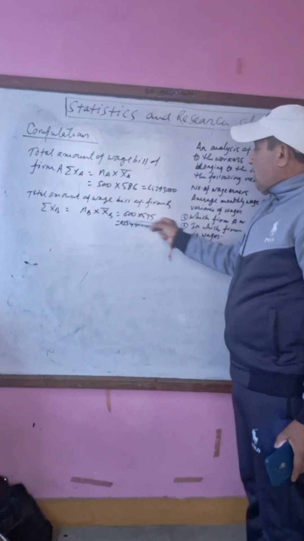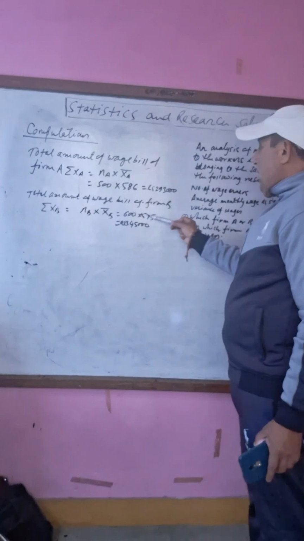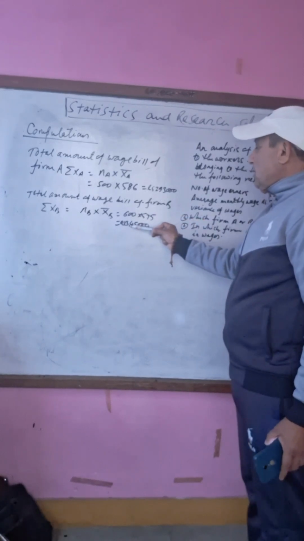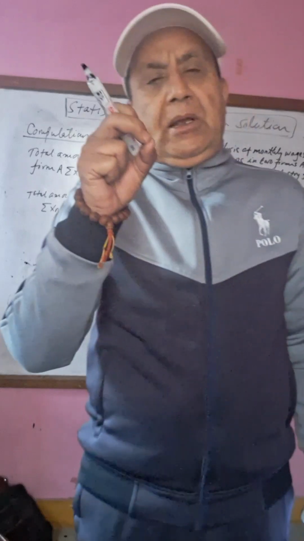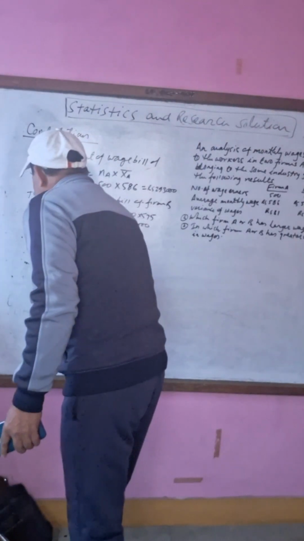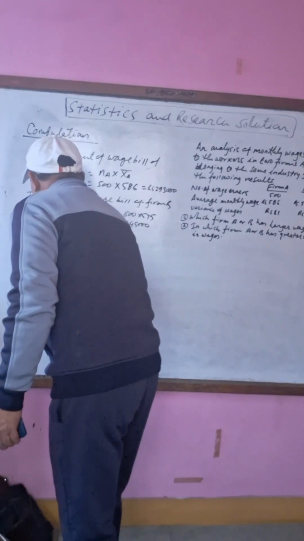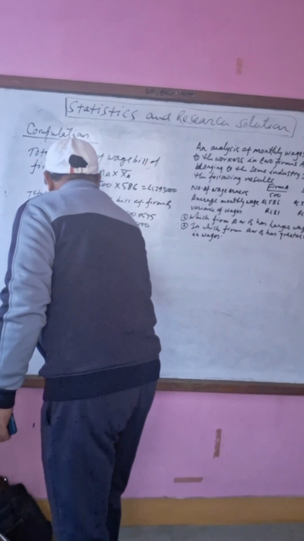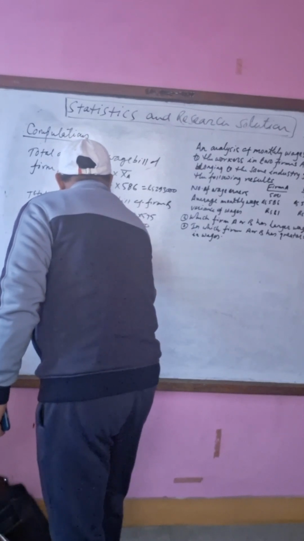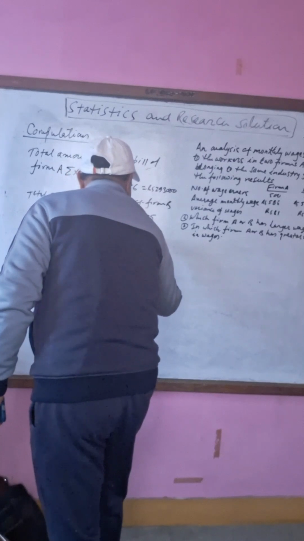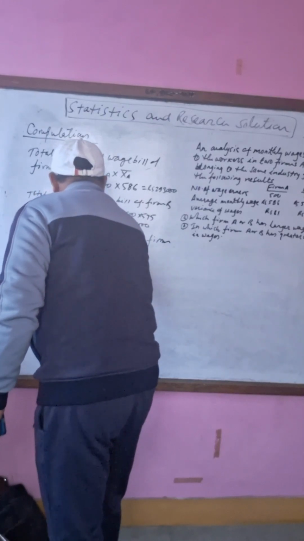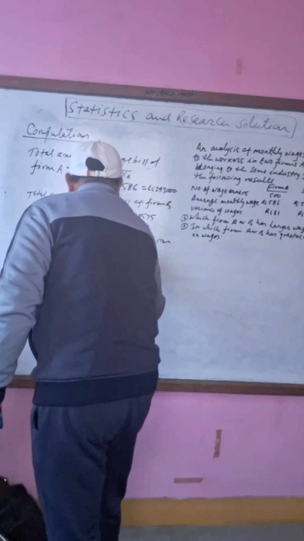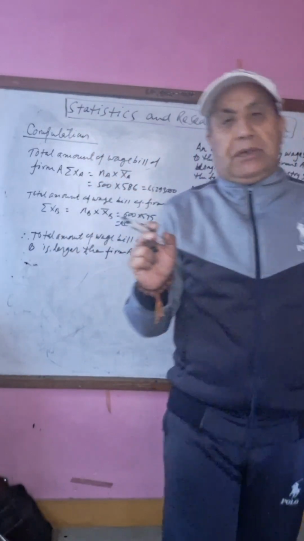The number of workers in firm B is 600 and the average wage is 575, and we get 3,45,000. So which wage bill is larger? The wage bill of firm B is larger. So you write: total amount of wage bill of firm B is larger than firm A. First question is finished.